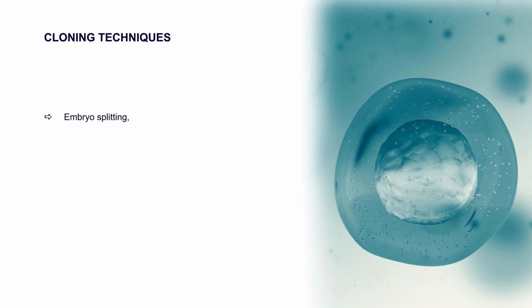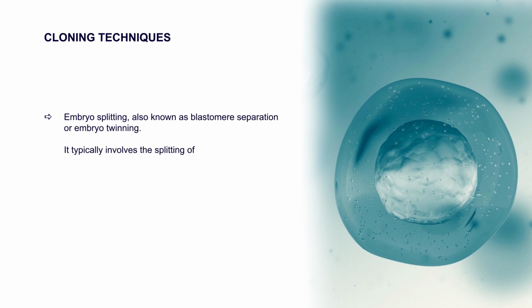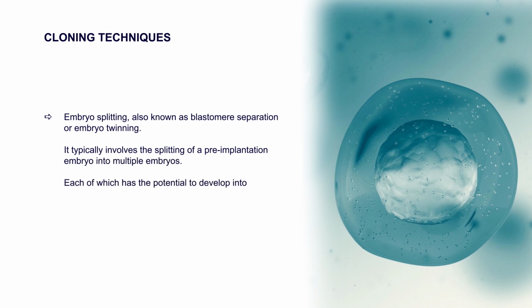While embryo splitting, also known as blastomere separation or embryo twinning, is a technique primarily used in reproductive cloning. It typically involves the splitting of a pre-implantation embryo into multiple embryos, each of which has the potential to develop into a genetically identical organism. Both nuclear transfer cloning and embryo splitting have contributed significantly to our understanding of cloning techniques and their potential applications.